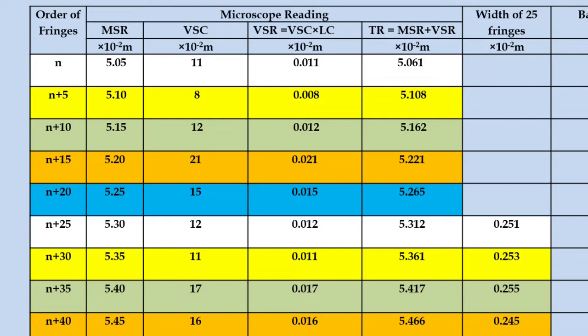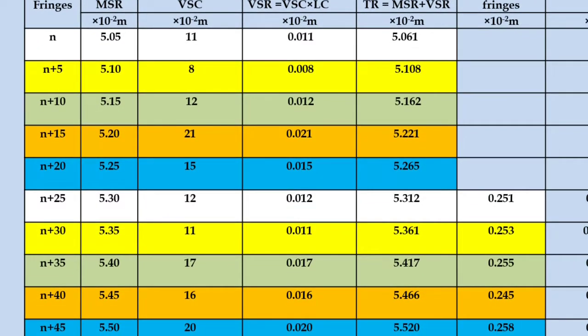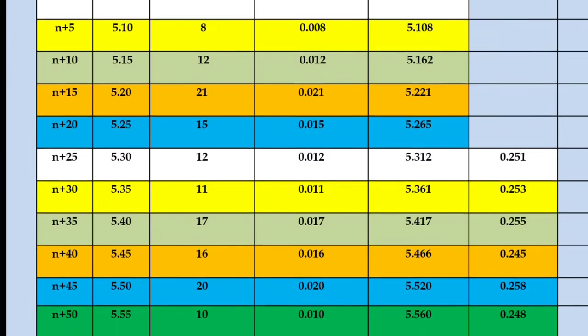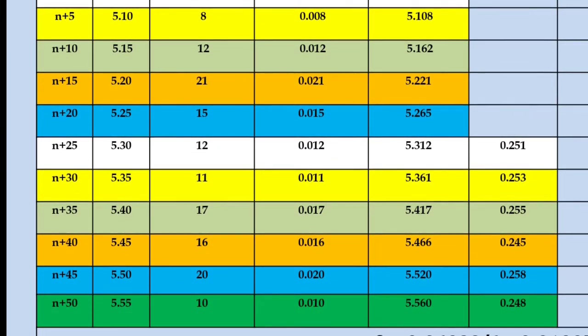Similarly, the next width for 25 fringes comes from n plus 30 and n plus 5, which are highlighted in yellow color, and the corresponding reading is 5.361 minus 5.108. So we got 0.253.